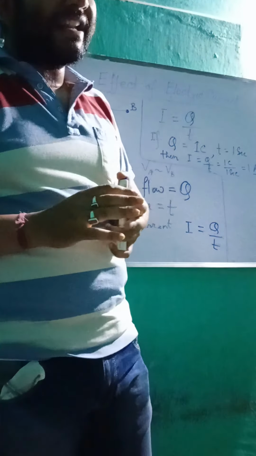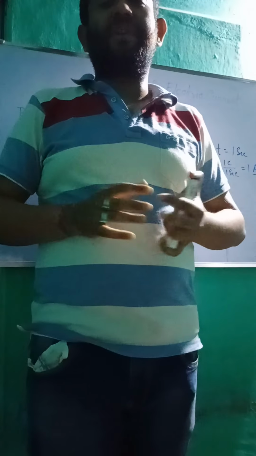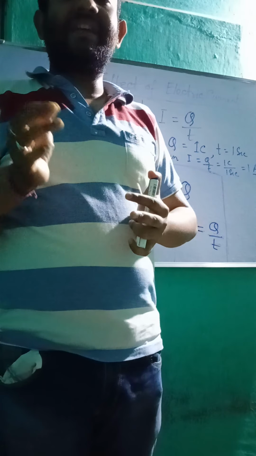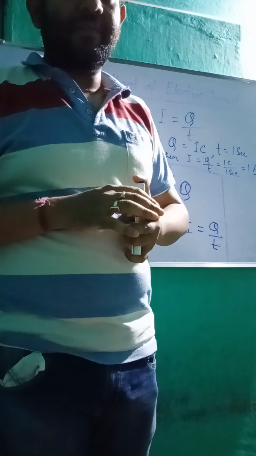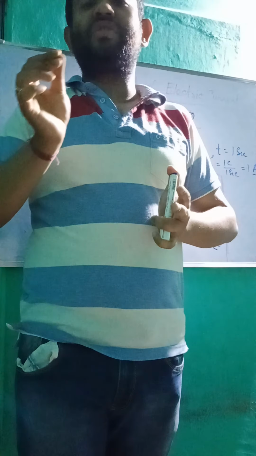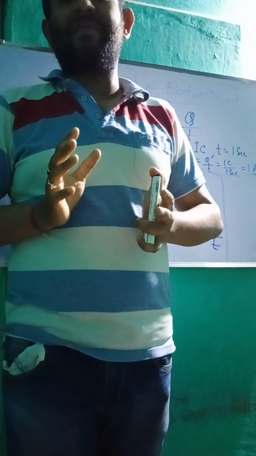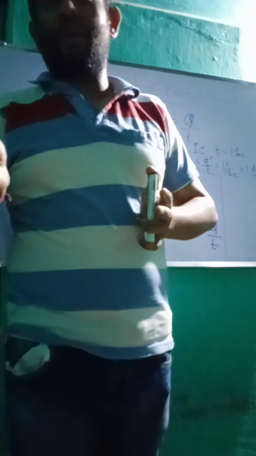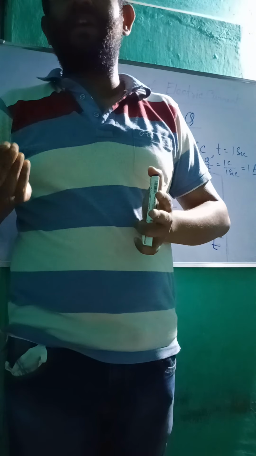Now one thing: current cannot flow through every material. If you take a piece of plastic, the current cannot pass through it. But if you take a piece of copper wire, then the current can pass through the copper. So we can say there are a few materials through which the current can pass very easily, like copper, gold, silver, aluminium.